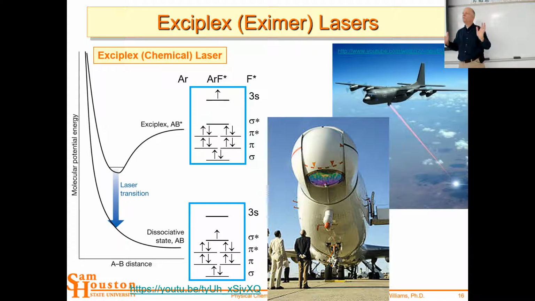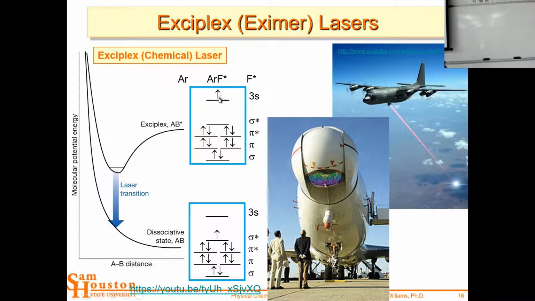Now, how might we make this up? If you think about the MO diagram, you could take an electron that was formerly in an antibonding orbital and move it up to a non-bonding orbital. And so you've increased the bond order for that excited complex. And so that's what we've shown here for the argon-fluorine excimer laser.